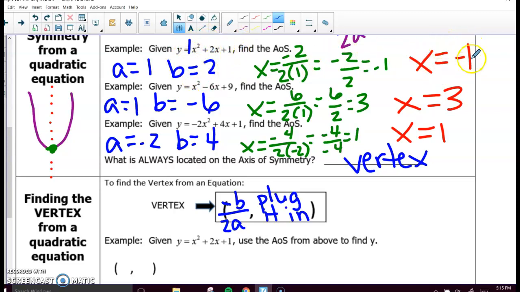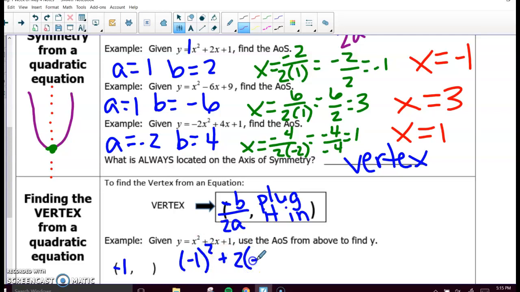Okay, we found the axis of symmetry to be x equals -1. So that means -1 is the x value of my vertex. To find the y value, I'm going to substitute -1 in for x.